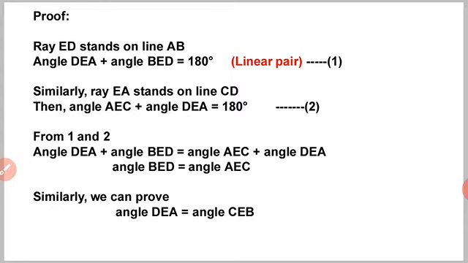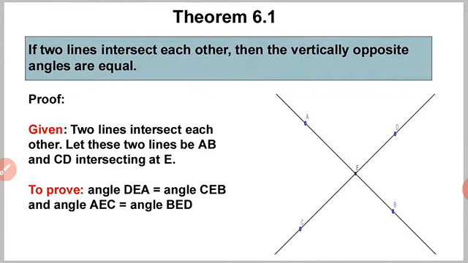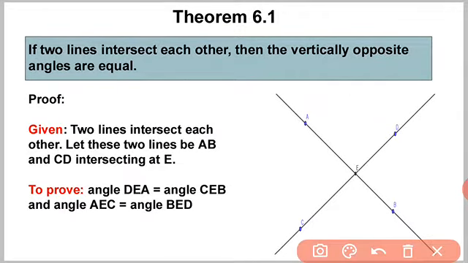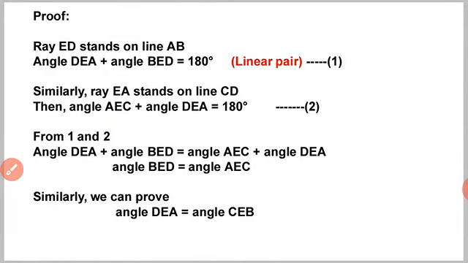So we can see there's a ray standing on line AB, so we can apply the linear pair axiom over here.